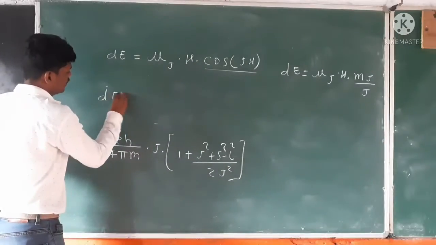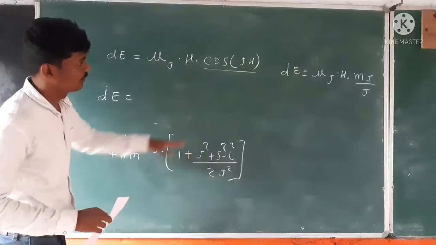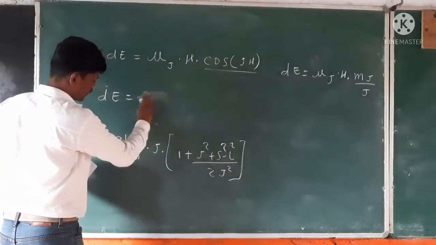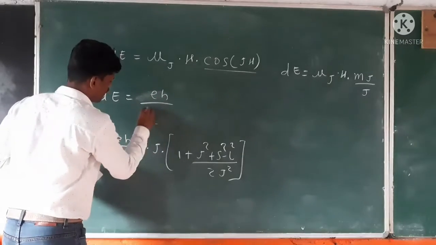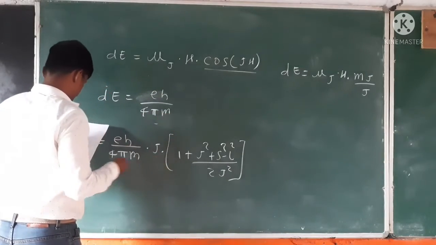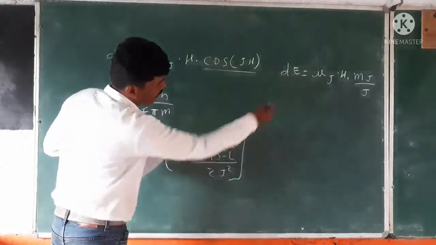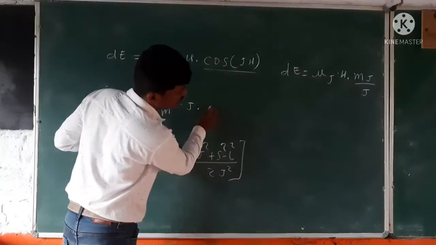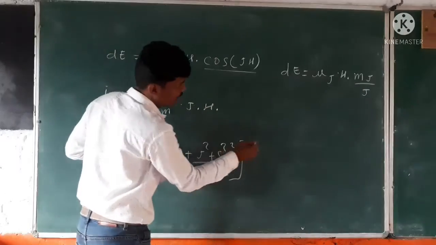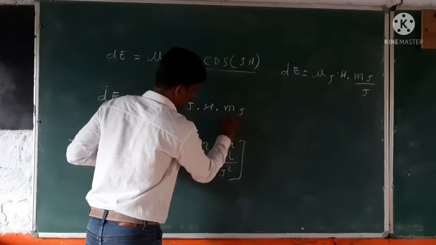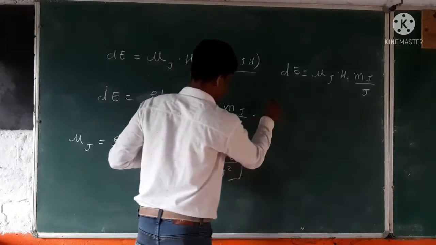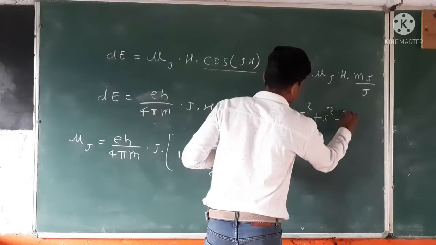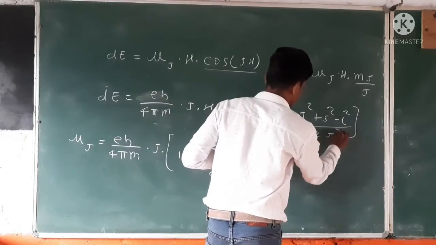It will be E, just put this value of mu J into this resultant equation: eH by 4 pi m, and obviously J is J, then H, then Mj by J, and then lastly take this one, the factor (J square plus S square minus L square) by 2J square.